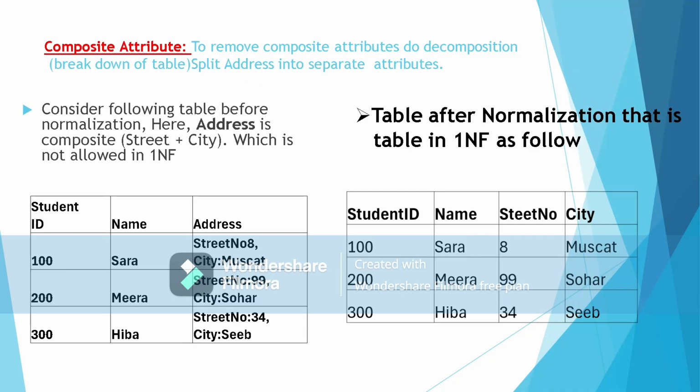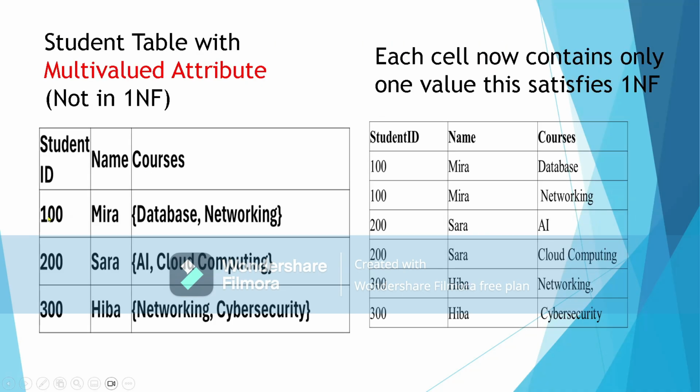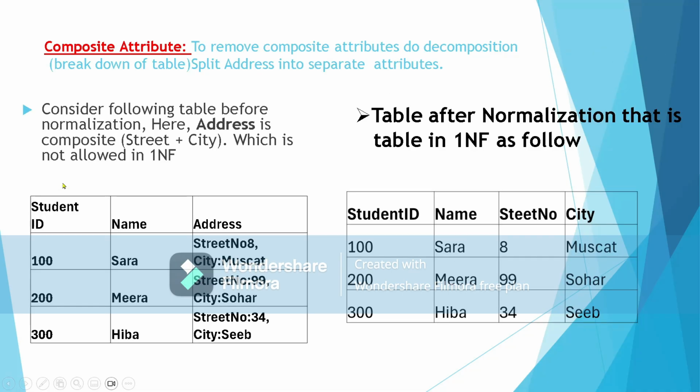Now take an example for the composite attribute. Here the table contains the student ID, name of the student, and address. Now here address is a composite attribute because it contains the street number as well as city also. So while doing in one normal form, this address column will be split into two parts.